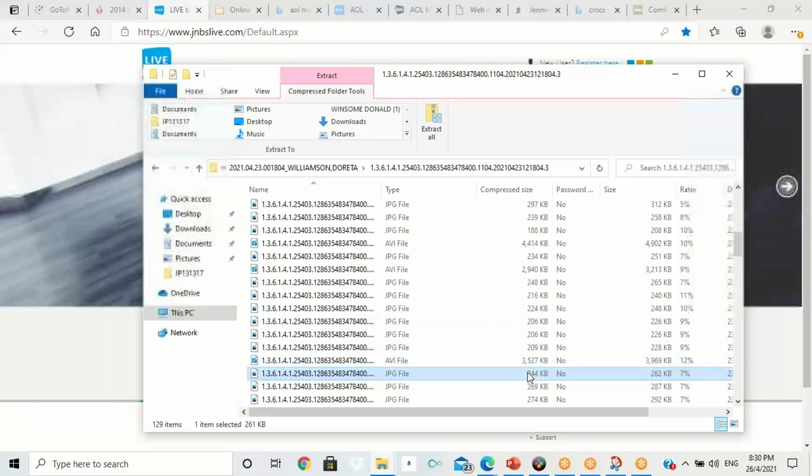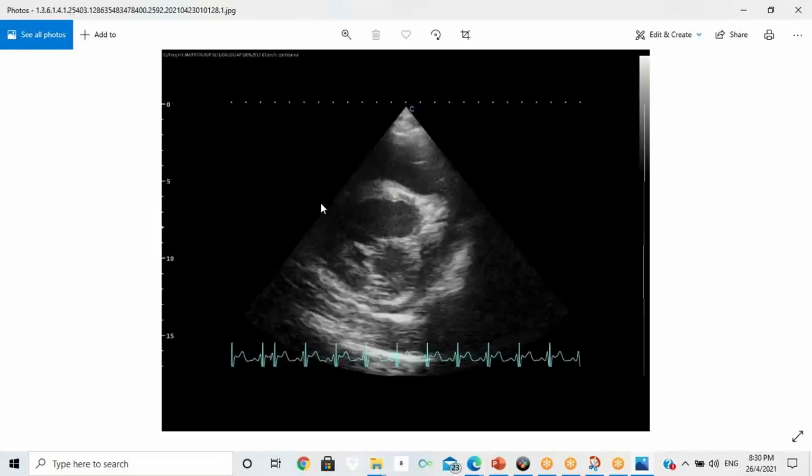So you need to get your images centered so you get nice images, nice pictures. So this is all off-centered.